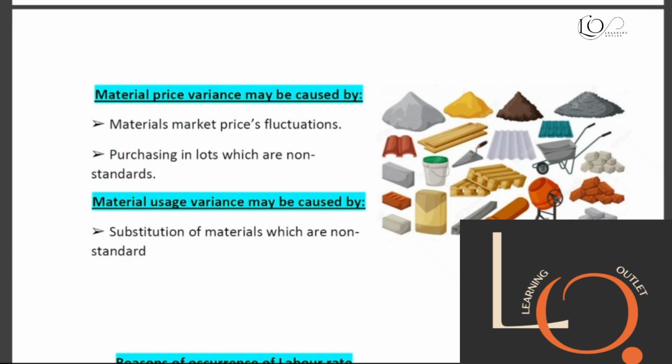So your usage variance, because of the lower quality, turned out to be higher. You used more. It's an adverse situation for you. So usage variance is how much you used. Price variance is the actual price that you ended up paying. Both can be good or bad for you. Any variance can be adverse as well as favorable.